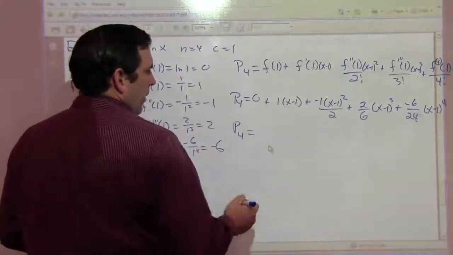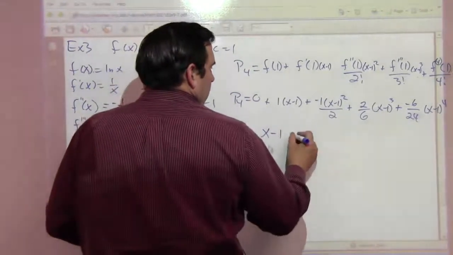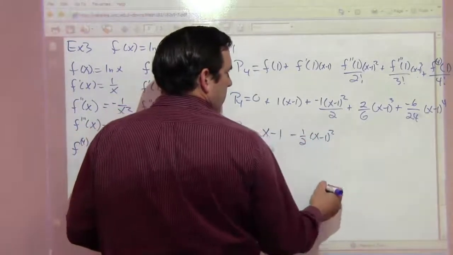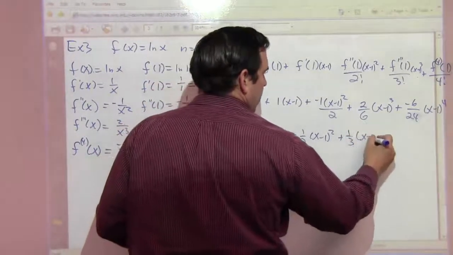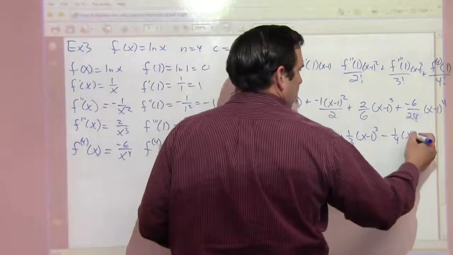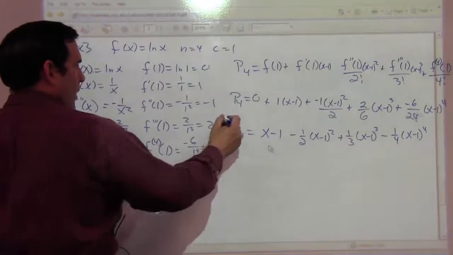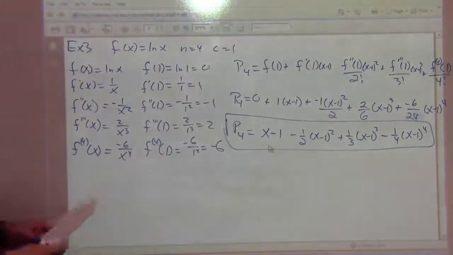What do we have? We have x minus 1 minus 1/2 times x minus 1 squared plus 1/3 times x minus 1 cubed minus 1/4 times x minus 1 to the fourth power. And that's it. That is our Taylor polynomial.